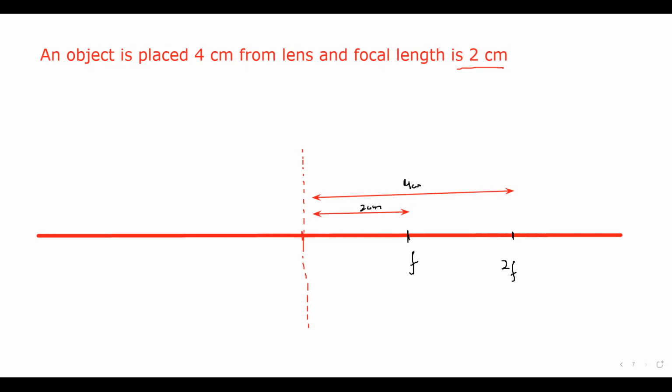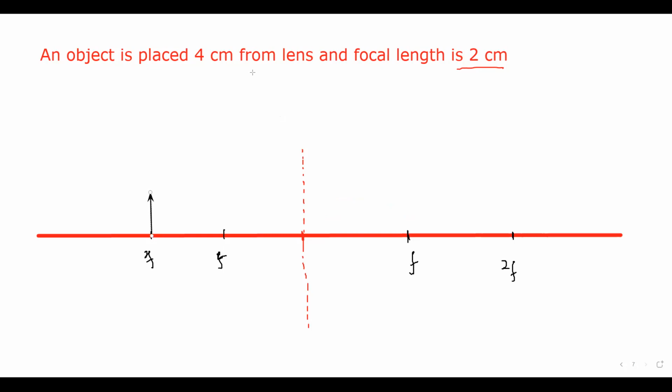And the same thing we will do on the other side, the 2 centimeter and 4 centimeter. So 2 centimeter will be F and 4 centimeter will be 2F. Now the object is placed 4 centimeter, so it means the object is placed on the 2F.